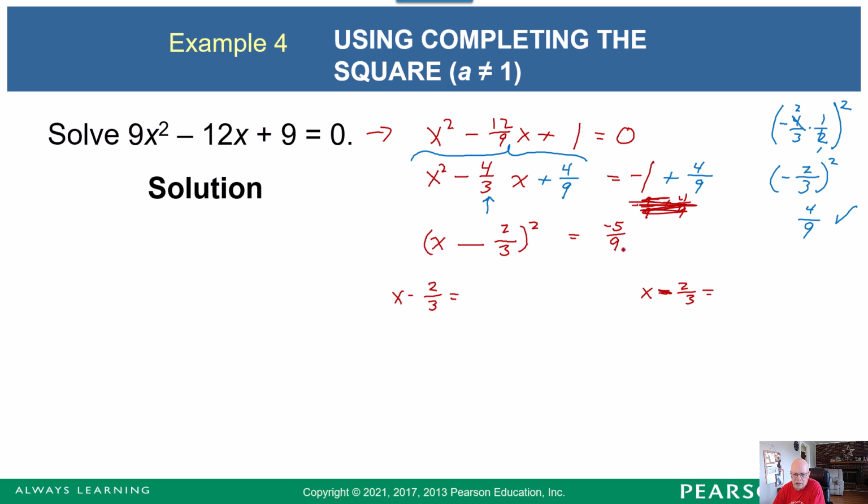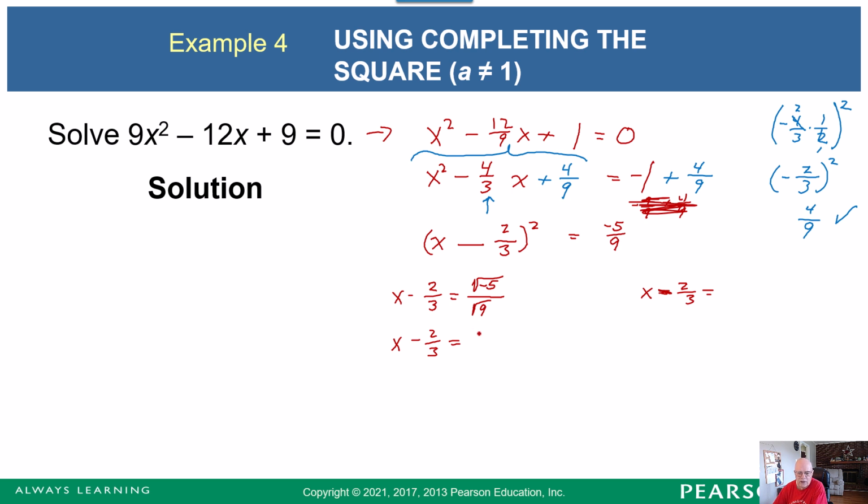So i, square root of 5, is the top. And on the bottom, just a 3. Very simple. Now what do we have on the other one? Well, we can take a look at this one, and x minus 2/3 equals the opposite of what we just got for the first solution.